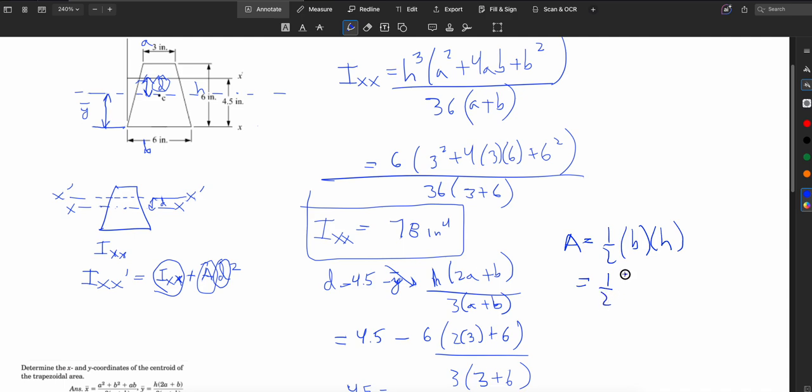So 1/2 times 6 plus 3 times 6 will give you 27 inches squared.